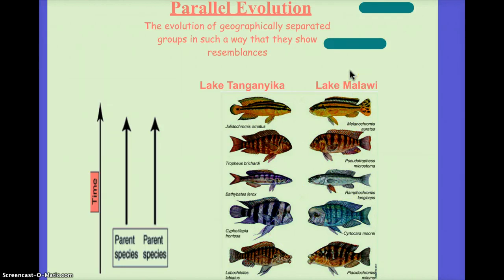For example, I'm going to go broad here, but let's say deserts, or a part of a desert, anywhere in the world, they're going to have similar organisms. That's what this is trying to explain in parallel evolution. So you have a parent species distinct from the other one from a completely different location, but over time, the development of the new species happens similar in both areas.